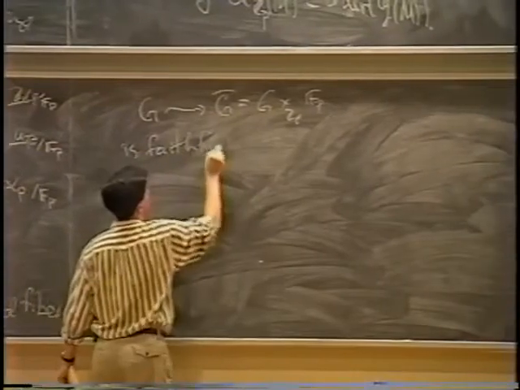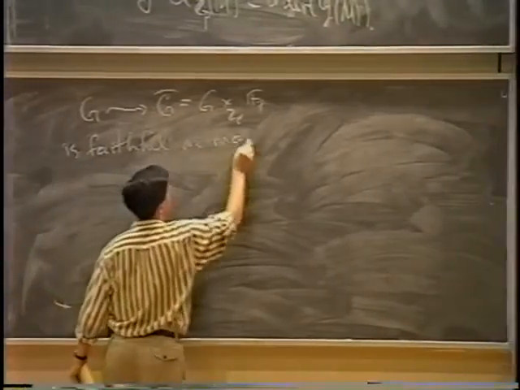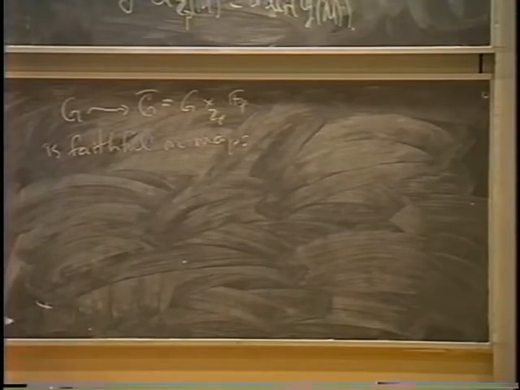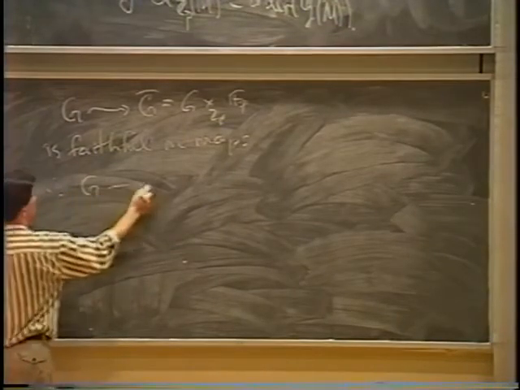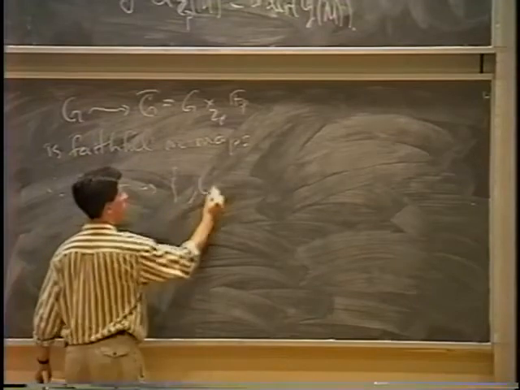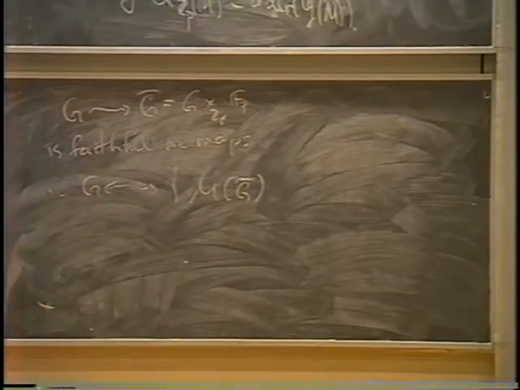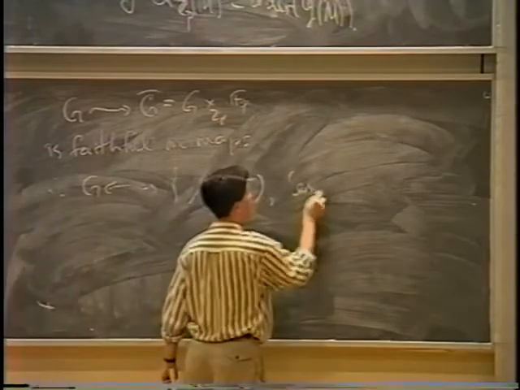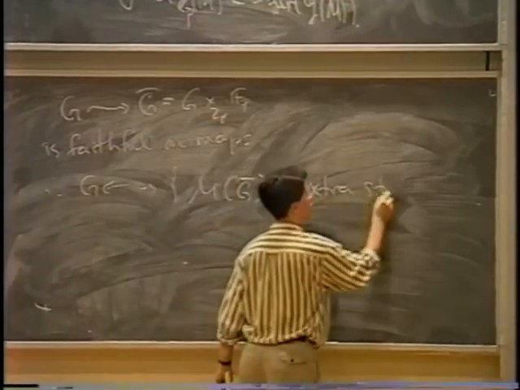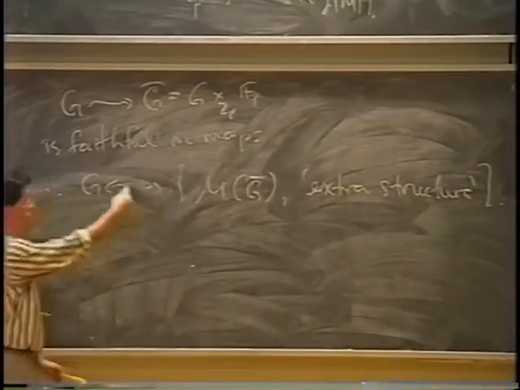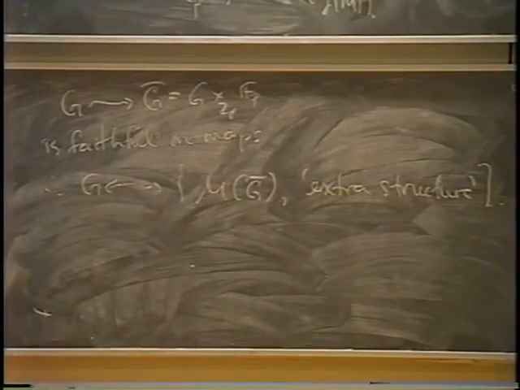So I know this is proven by Fontaine, maybe it was proven earlier. Okay, so different maps induce different maps on the closed fiber, and therefore you should think of G as sort of being the same thing as the Dieudonné module of the closed fiber, which is the same thing as sort of knowing the closed fiber, together with perhaps some extra structure, whatever that might be, enough to sort of turn faithfulness into full faithfulness.